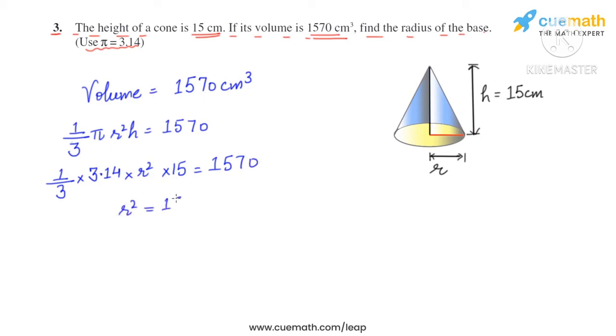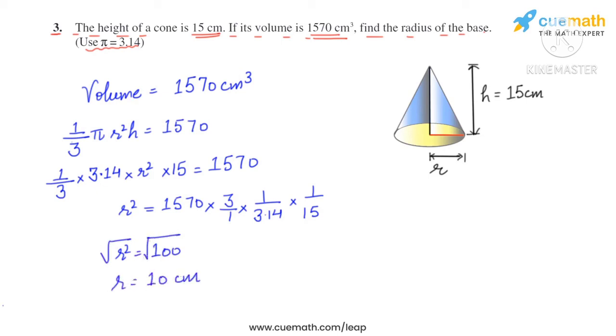So 1570 multiplied by 3 by 1 into 1 by 3.14 and 1 by 15. So it comes out to be r square is equal to 100. Now we have to solve for r, so we take square root on both sides. So r is equal to 10 centimeters. It means the radius of base of this cone is 10 centimeters.